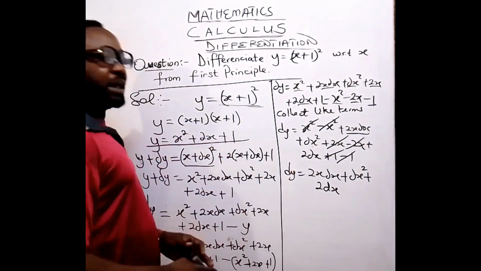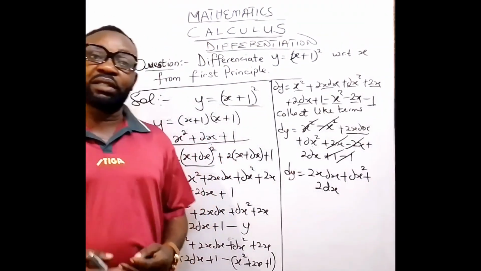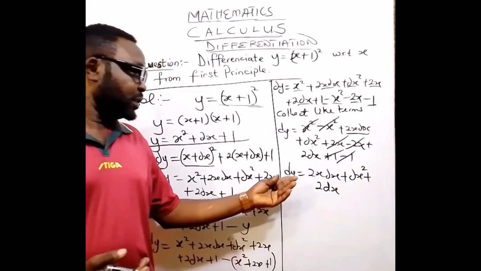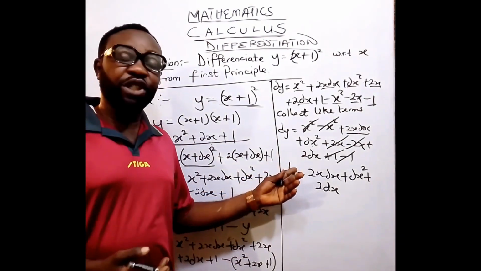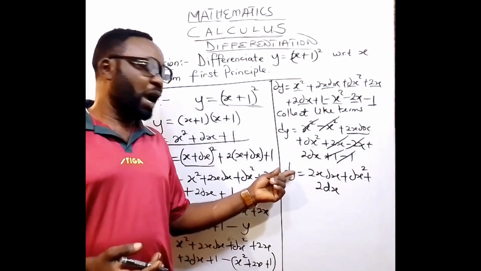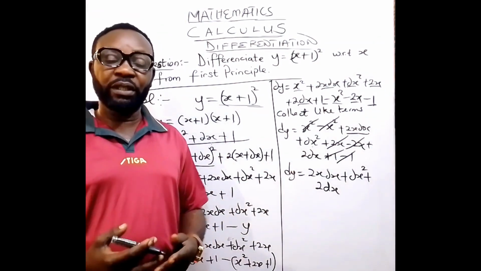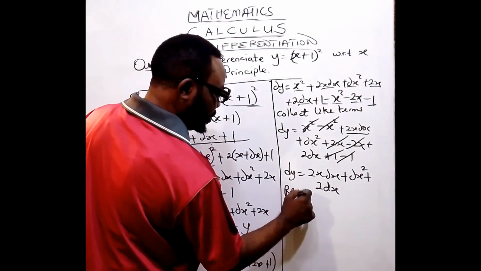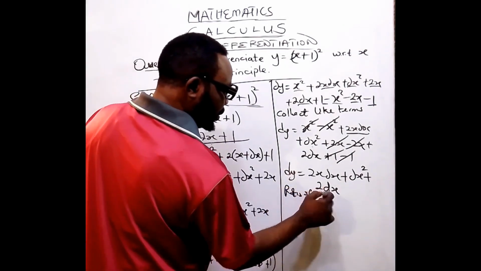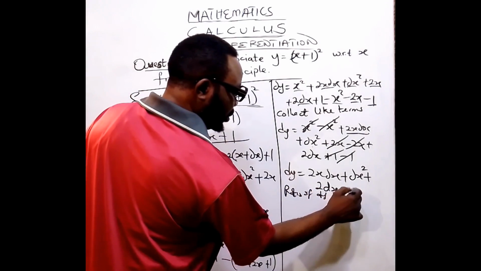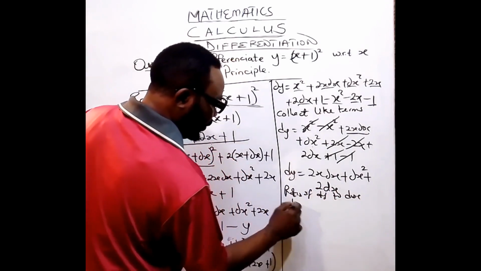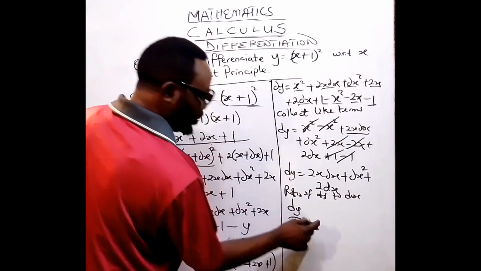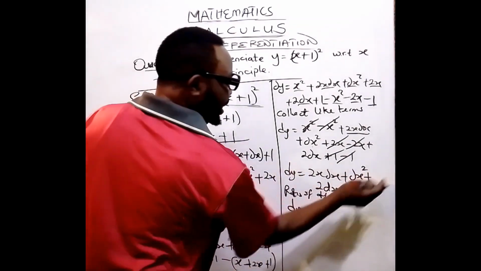Now, at this stage, we can say that we have to have the ratio of change in the y-axis to that of the change in the x-axis. Is it the ratio of dy to dx? So we are going to have dy over dx now. Whatever happened to this side must happen to this side as well.